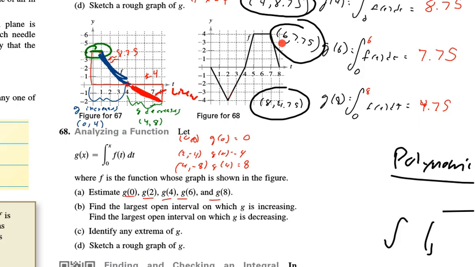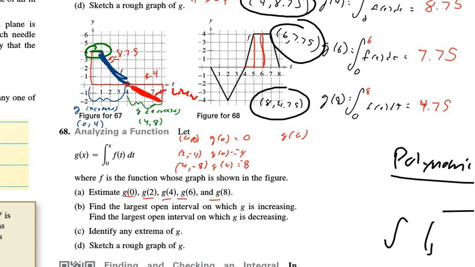So g of 6, let's go to 6 here. In this area we have, let's see, 1, 2, 3, 4, sort of a triangle here. 1/2 base times height is going to be 2. Maybe this area is 2 and this is 4, so that's about 6. So it's grown by 6, but it also has all this negative 8.